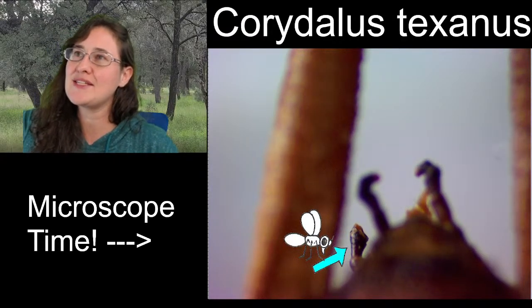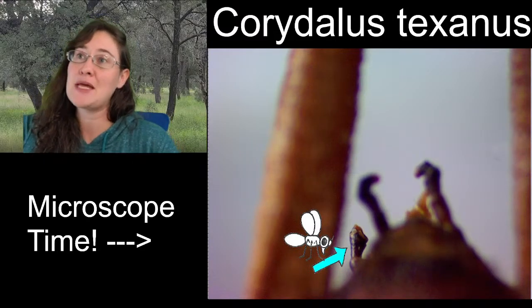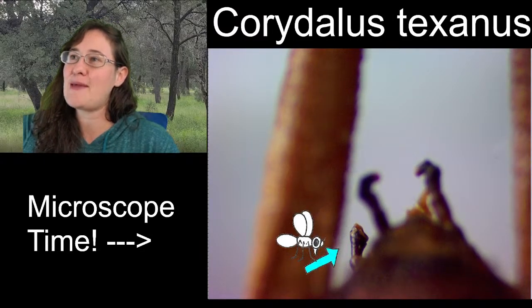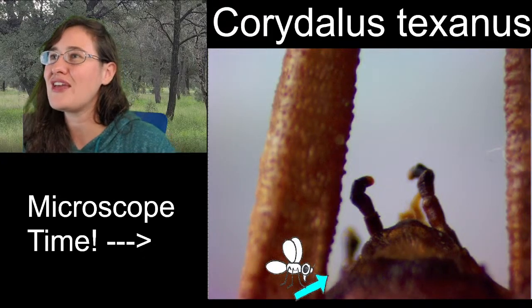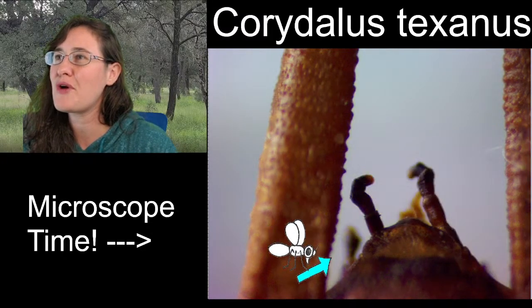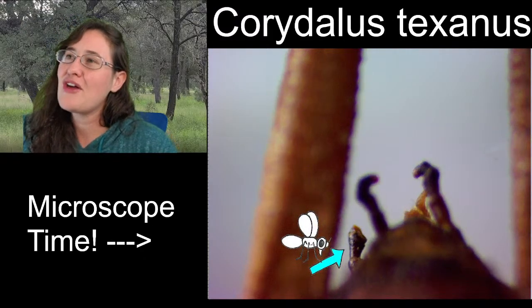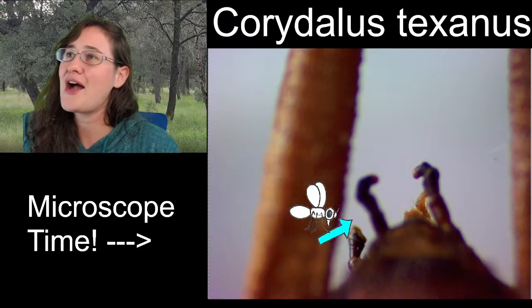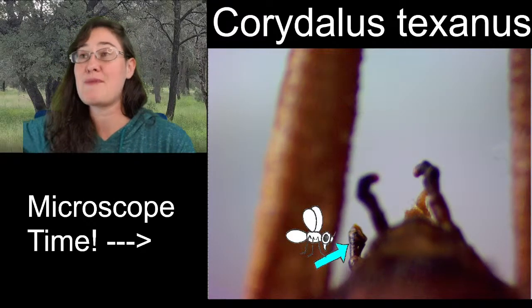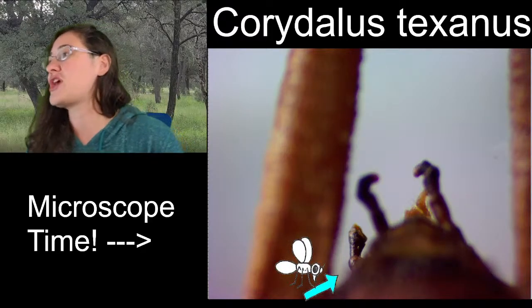It's connected to the bottom lip, which we call the labium, which is why these are the labial palps. So yes, Susan, thank you for pointing that little one down here out. Now there is an equivalent on the other side too, where the labium should have two palps, one on each side.